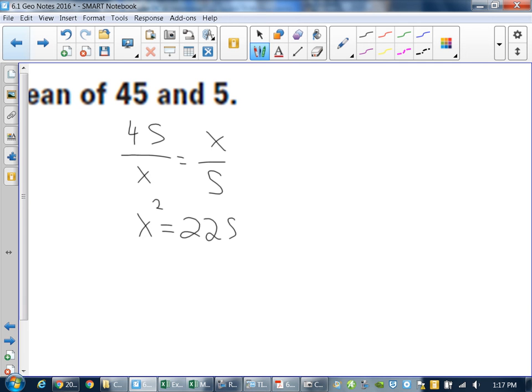This one works cleanly. This one gives you an exact answer, a numerical answer, a non-decimal answer. 15. Because 45 divided by 15 is 3. 15 divided by 5 is also 3. That's why this works. Okay.